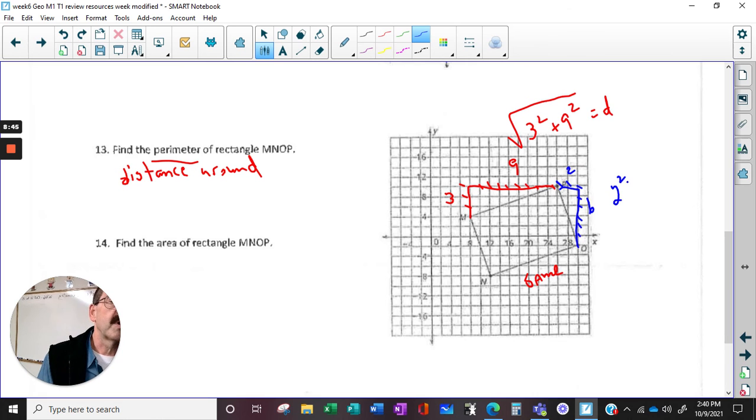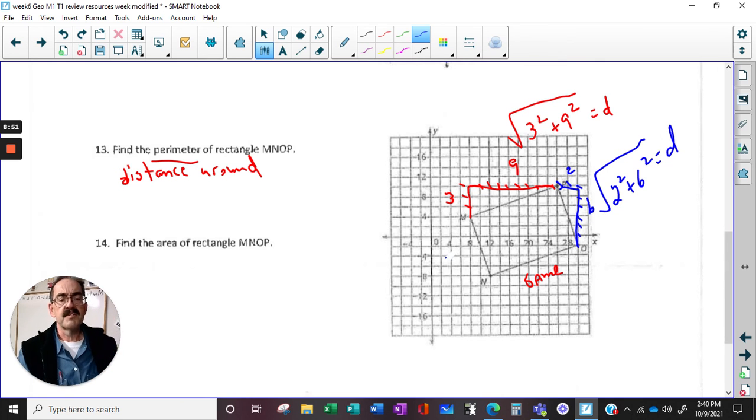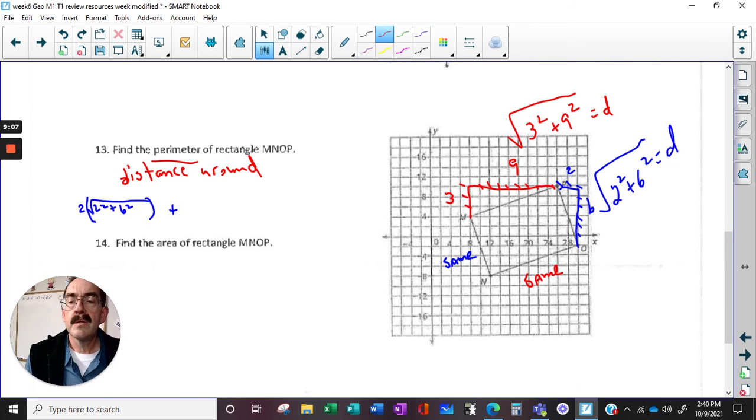So 2 squared plus 6 squared equals D. And this would be the same. So, what would we have? 2 times the square root of 2 squared plus 6 squared plus 2 times 3 squared plus 9 squared.